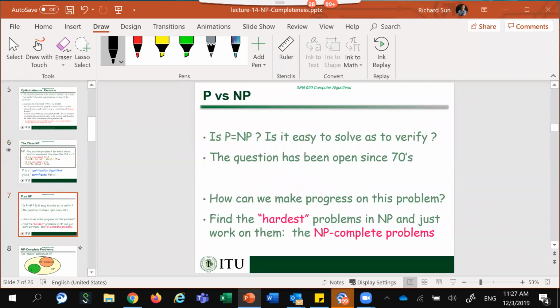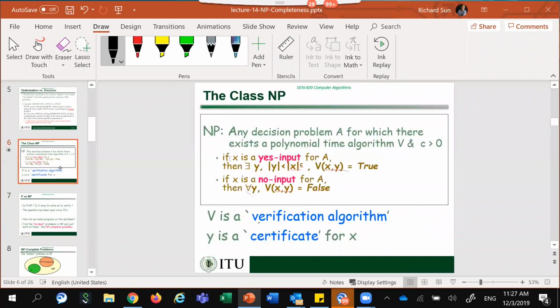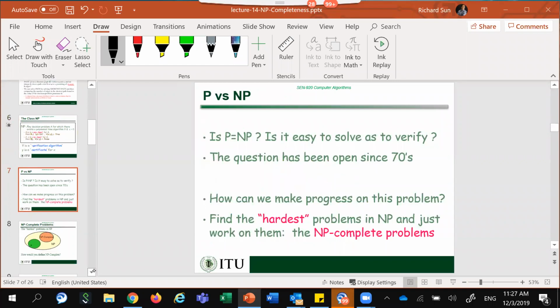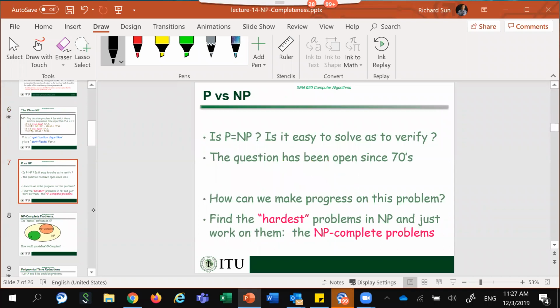All right, now, the question is, how about those problems that are solvable in P? All the problems that are solvable in P must be verifiable in polynomial time also, right?